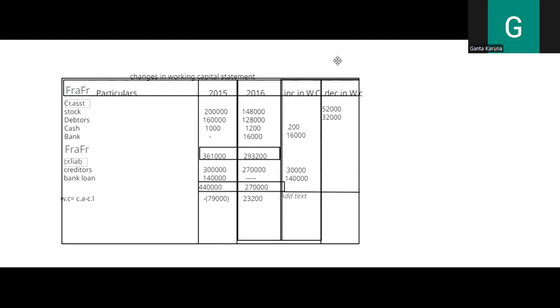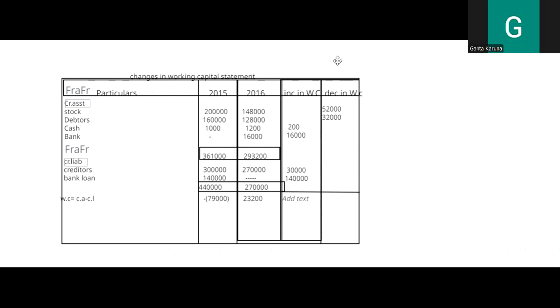So how much is it now? It is 1,86,200. Now the other side we have got is how much? 84,000. So 84,000 is the other total.